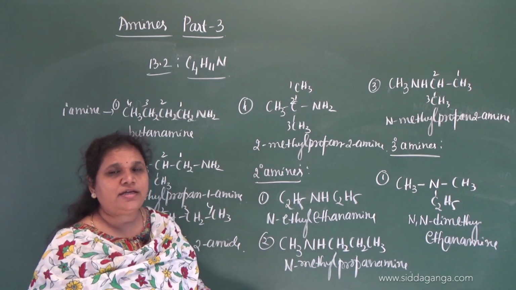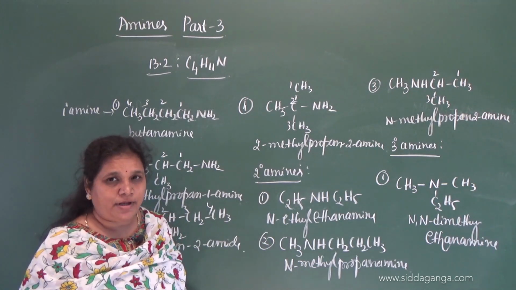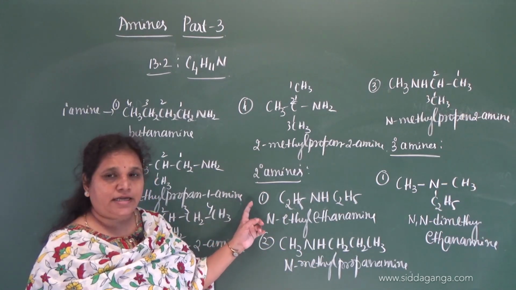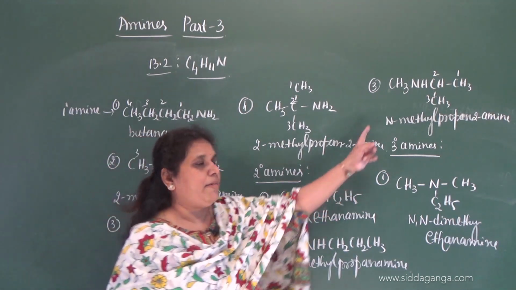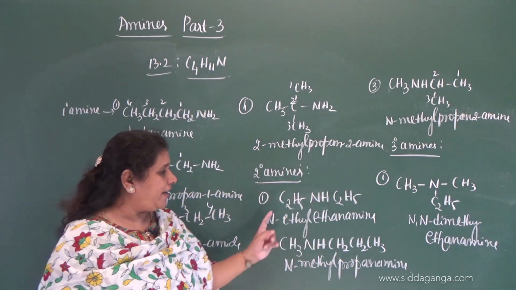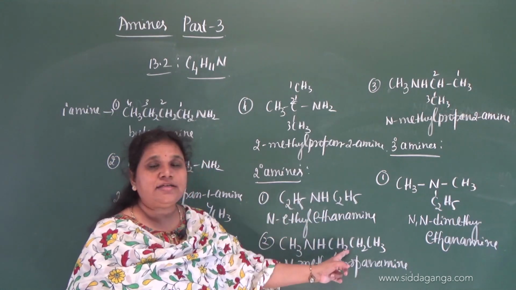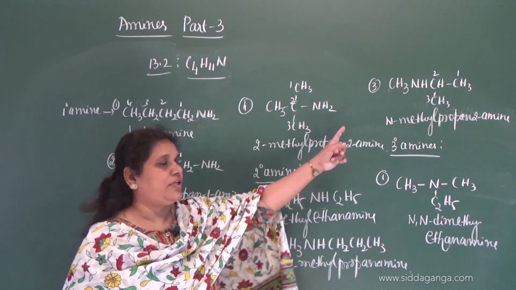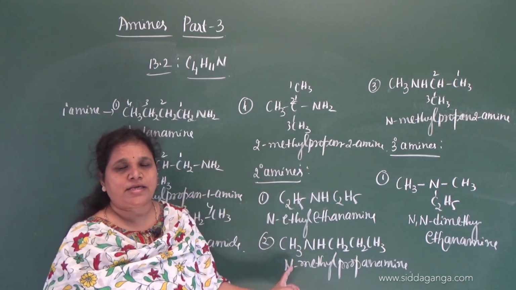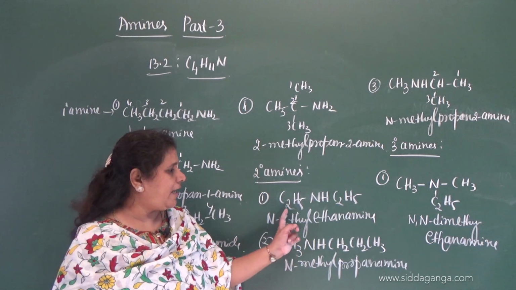But not only that, they also exhibit metamerism. Especially the secondary amines exhibit metamerism. These three are metamers, because the arrangement of the alkyl groups on either side of the functional group is different.